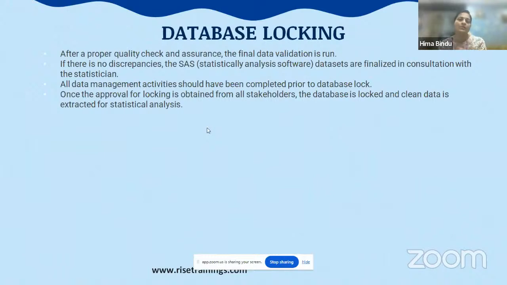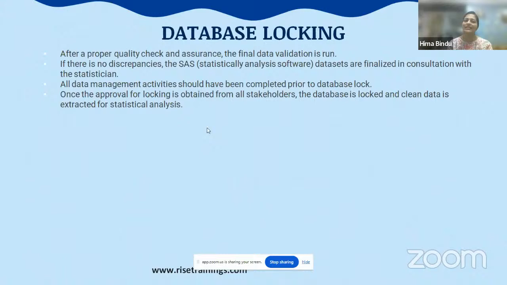Next, once we collect the data, once we review the data, once the discrepancies are raised, and once the discrepancies are cleared, then we will do the database locking. Here you must get a doubt, what is meant by locking. Locking is nothing but, in the database that was designed by the software team, once the data is very clean, we'll have an option to freeze the data.